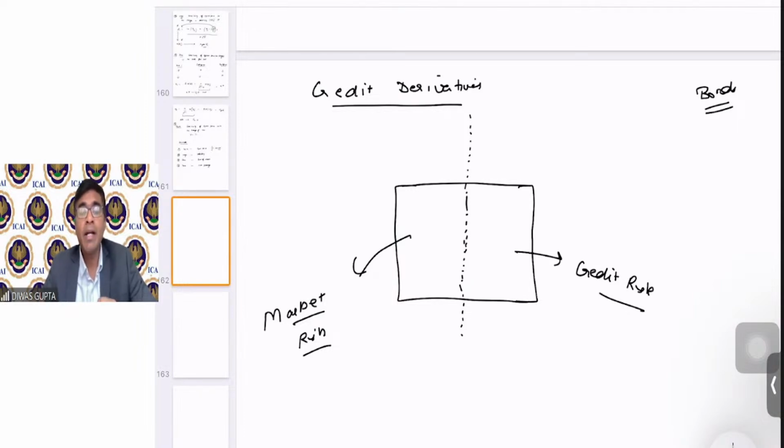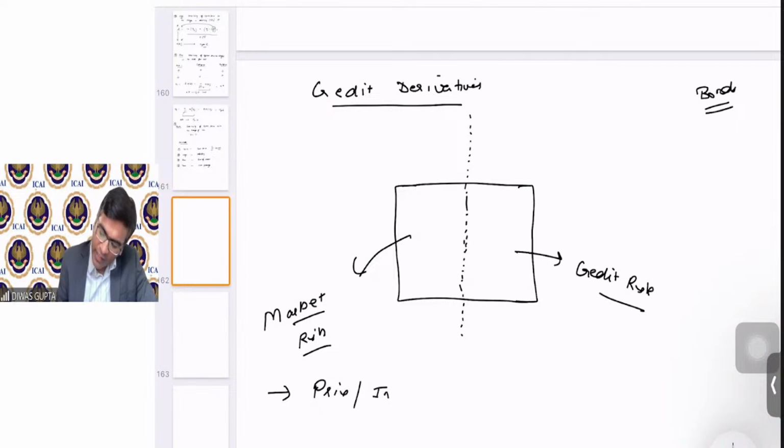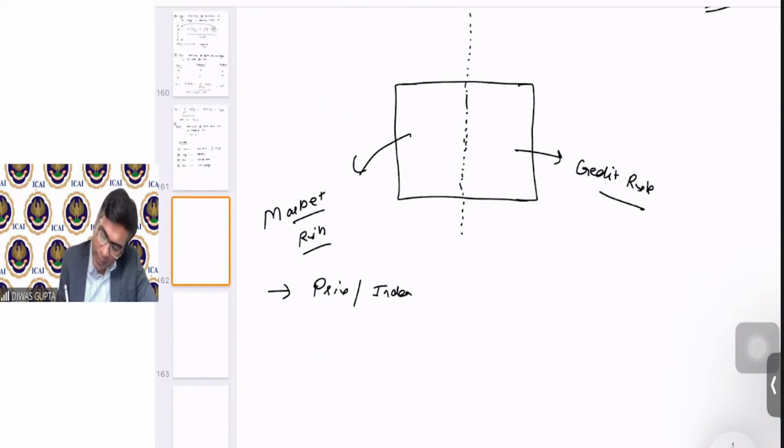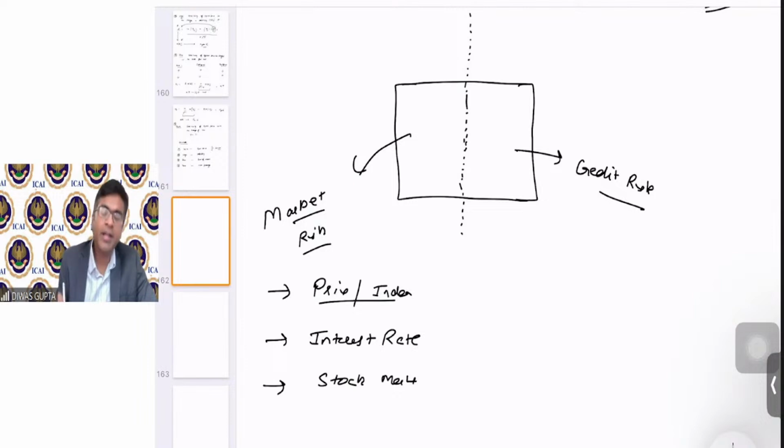So students, market risks are the risks that are related to the price, let's say of any index. It is related to the interest rate of that country. It is related to the stock market, which I have mentioned here in the form of price or index.